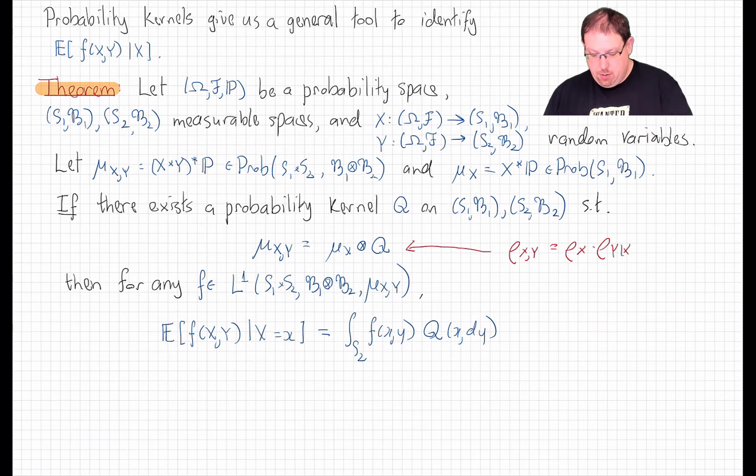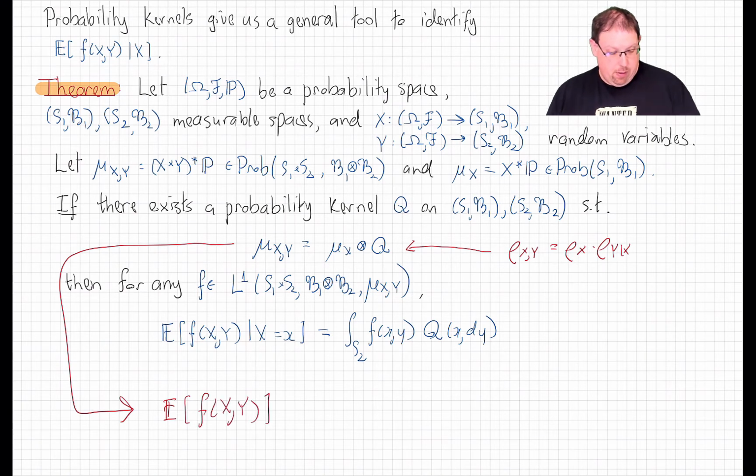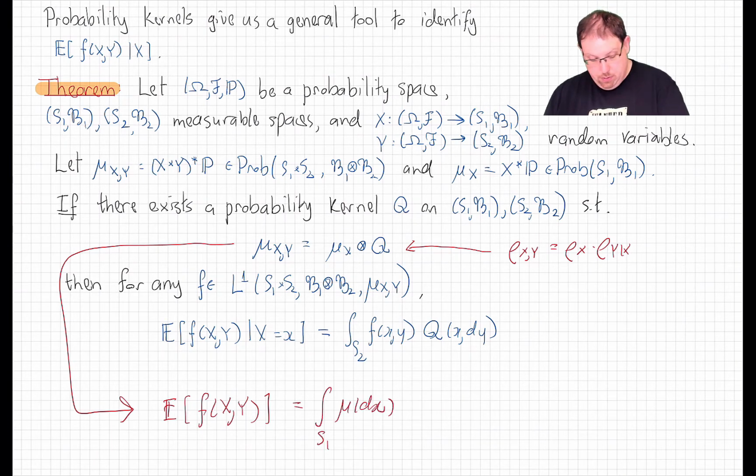Now again, just as a reminder, what it means to say that this measure in two variables is the product of this measure and this probability kernel is that the expectation of f at X and Y, for any such L1 function f, is the integral on the outside of the measure mu of the integral on the inside of f at xy, Q of x dy.